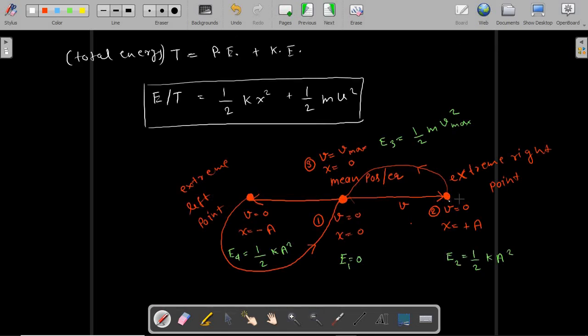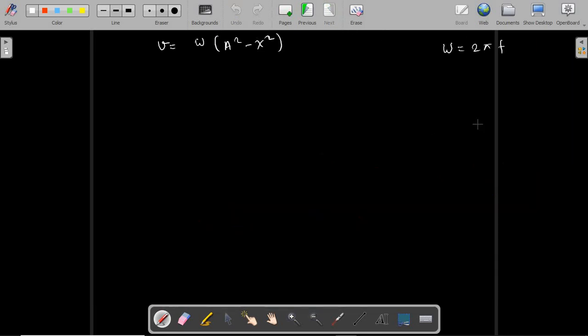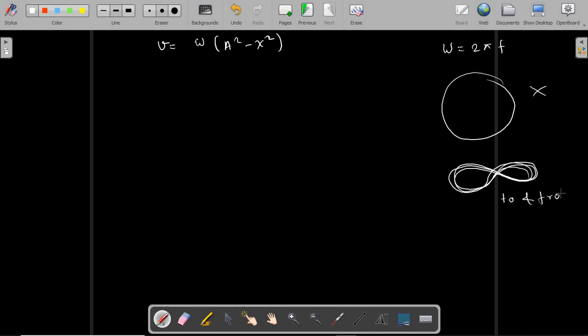The revolutions of the to and fro motion, not circular revolutions. So omega is the angular frequency of those motions, to and fro, not circular. So that is the formula of velocity.